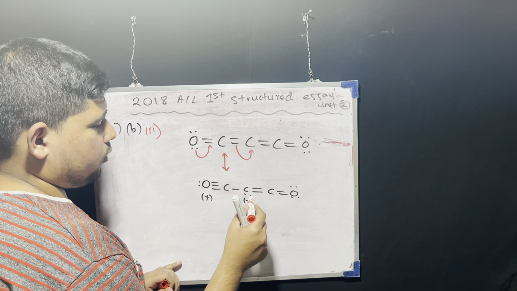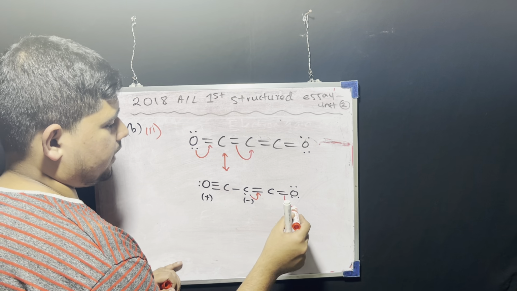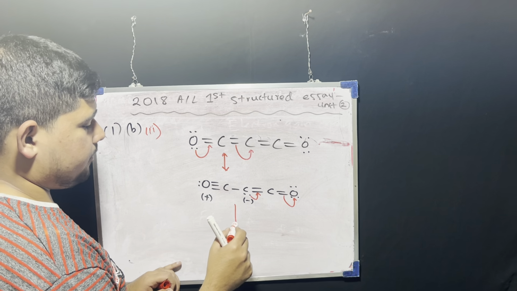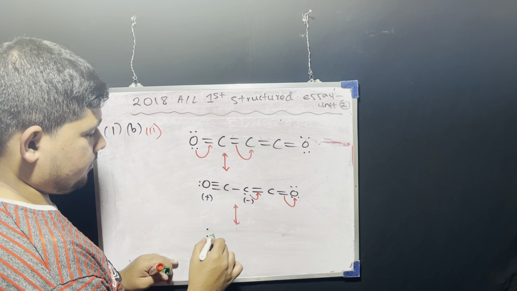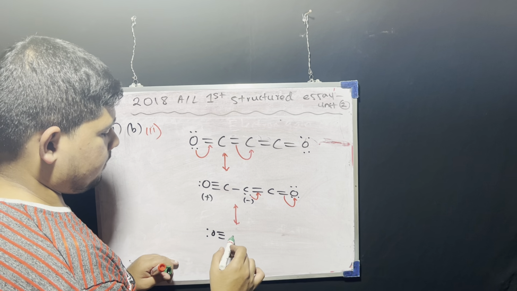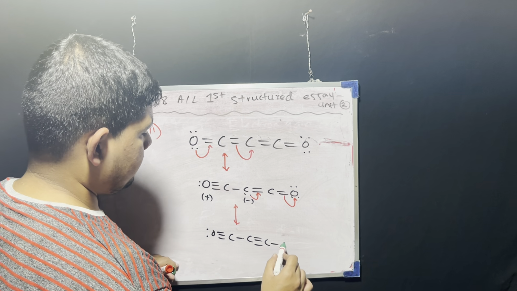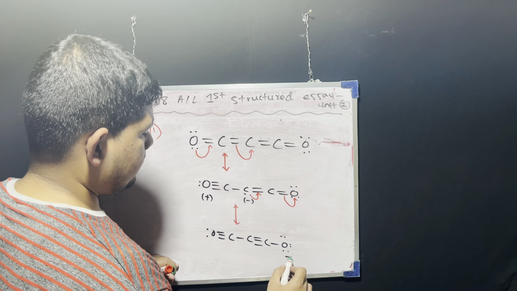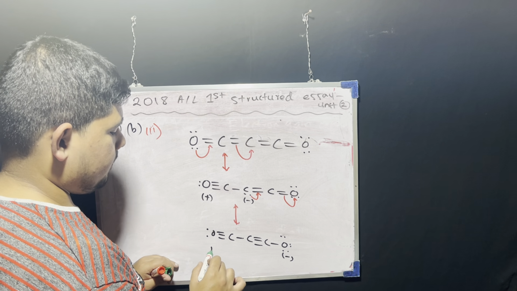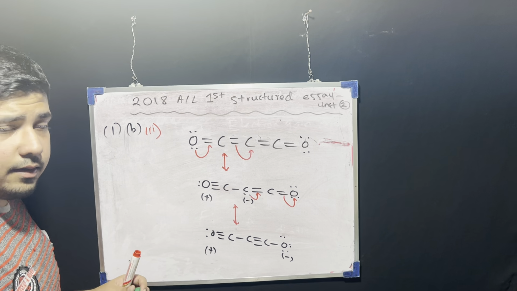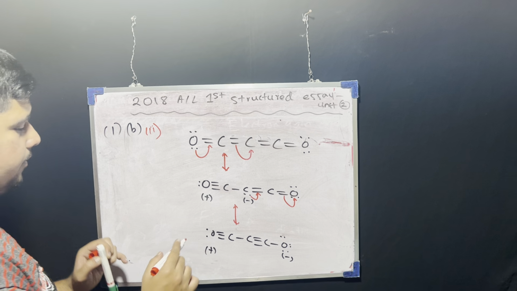I can make this lone pair the bond pair and this bond pair the lone pair. Correct, right? And then I can draw another structure also.